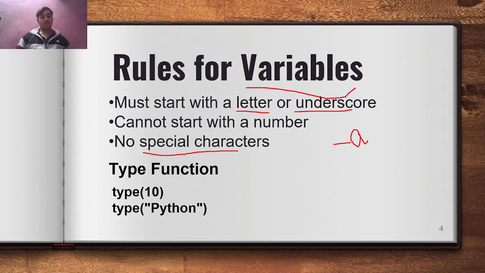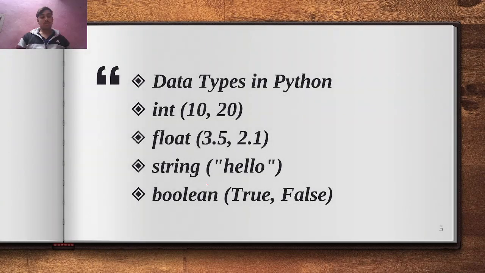Talking about the type function, I will get back to the type function once I clear the data types in Python. As there are four types of data: int, float, string, boolean. For example, let's take our profile page.